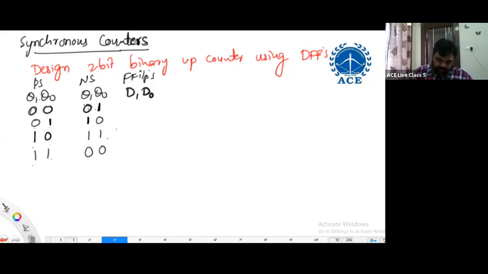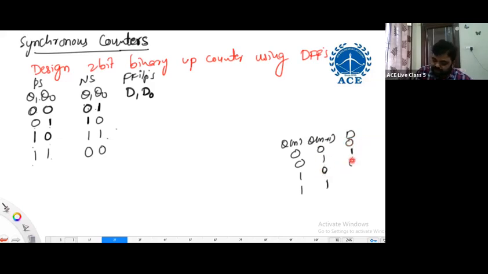Yes, wait, Anand. As these are D flip-flops, the advantage is, what is the excitation of the flip-flops? What is the D flip-flop excitation? For 0 to 0, 0 to 1, 1 to 0, 1 to 1, what should we apply at the inputs?